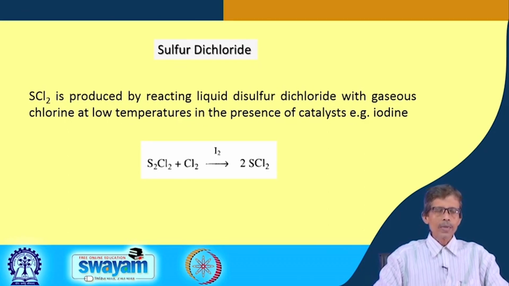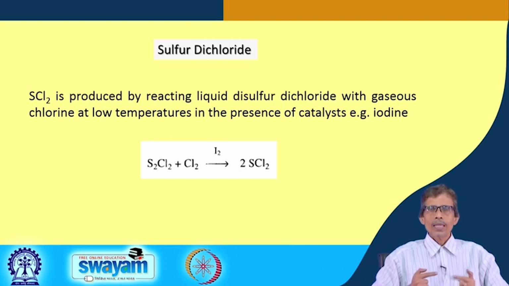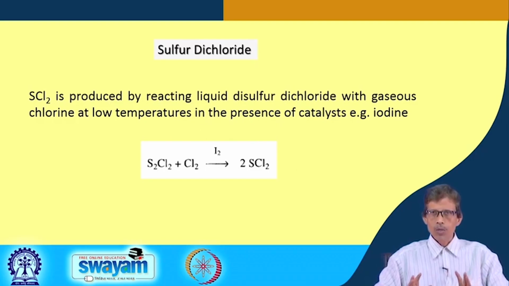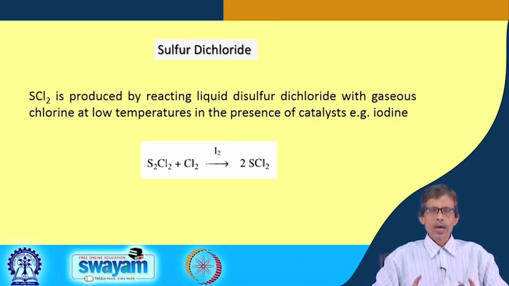So, we are basically taking away one of the sulfur atoms from S2Cl2, which we have seen earlier, where you have a sulfur-sulfur bond and on the two ends two chloride groups attached to these two sulfurs. Now, sulfur dichloride is very similar to your water molecule. In water, oxygen is present and you have two hydrogen atoms attached to that oxygen center.